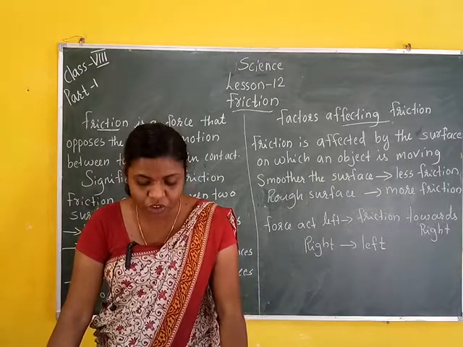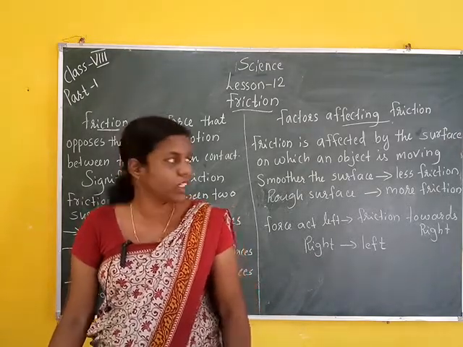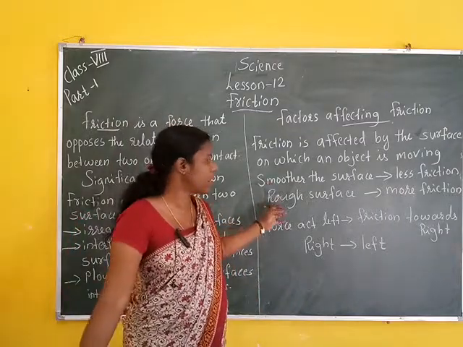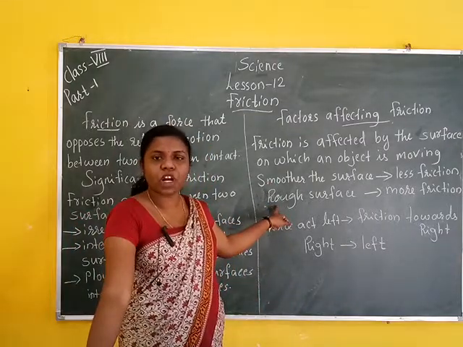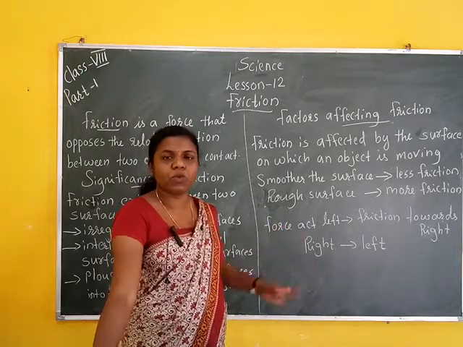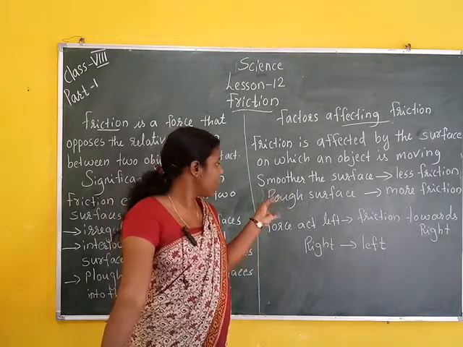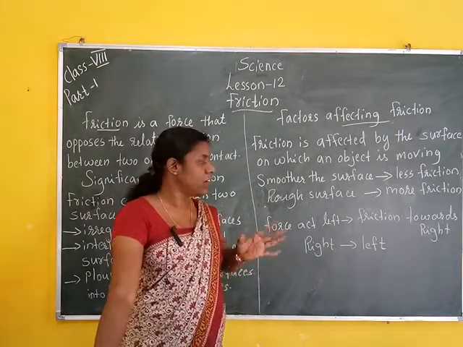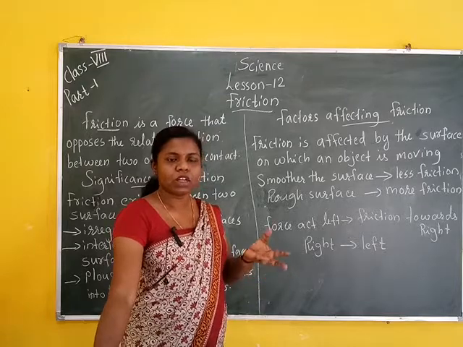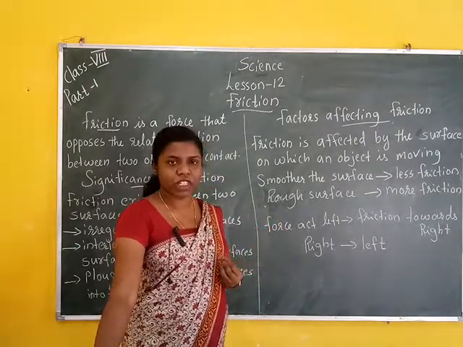The interlocking of these irregularities gives rise to friction. Example, if you ride a bicycle on a smooth road, we move easily, which means less friction. On an irregular road, we cannot move fast, because there is more friction.